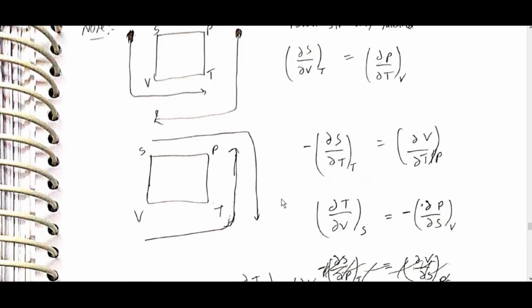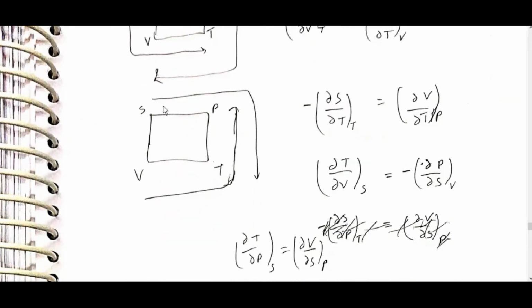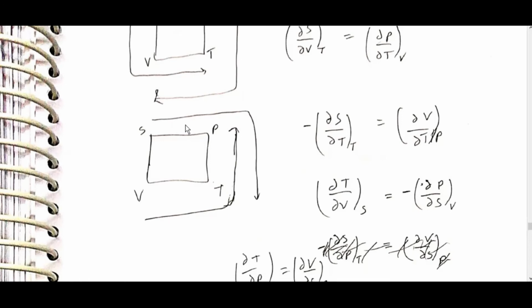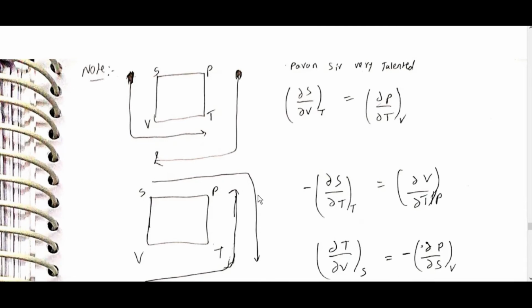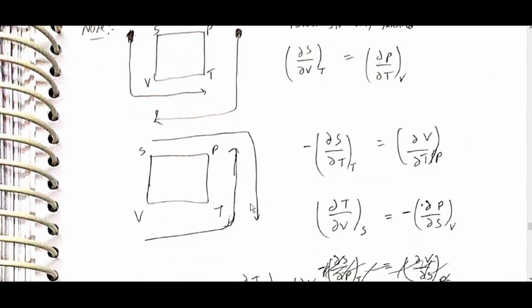And dou S by dou p at constant temperature is equal to dou v by dou T at constant pressure. Minus will be there.